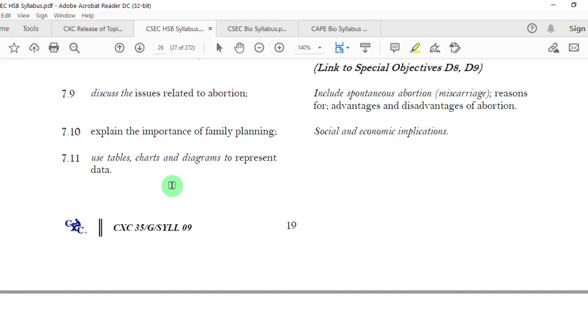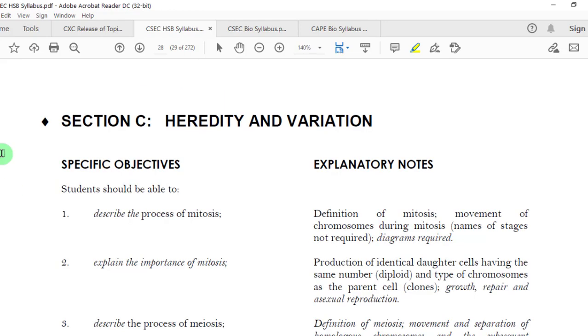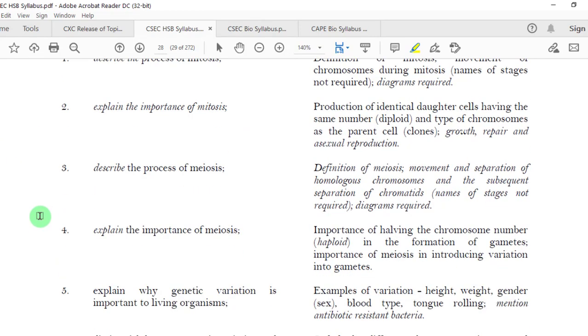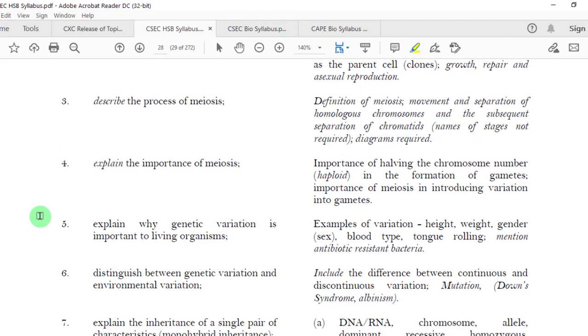The next topic in the list for paper 2 is heredity and variation. So let's take a look at what that is in reference to. So heredity and variation makes reference to section C, the entire section. So we're looking at topics like mitosis, meiosis, right?